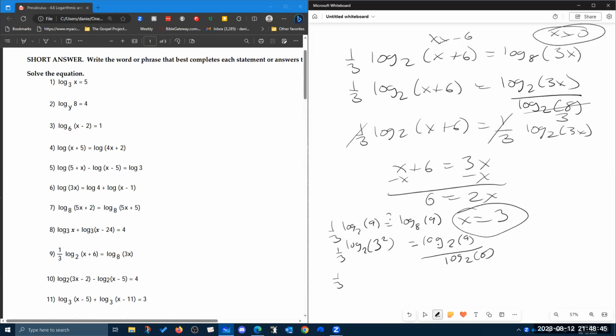It's 1/3 log base 2 of 9 equal to 1/3 log base 2 of 9. It certainly is. So there we go. That's our solution, x equals 3.